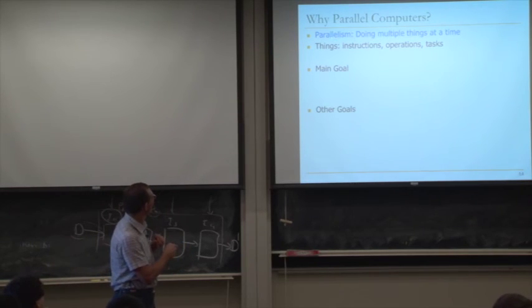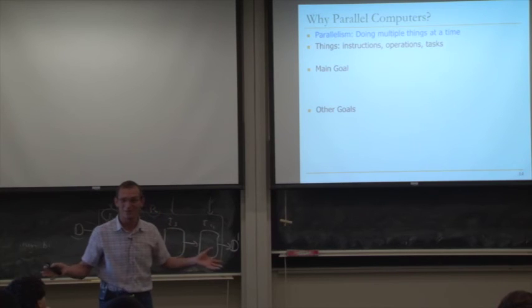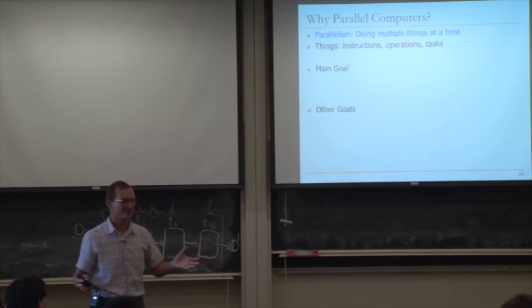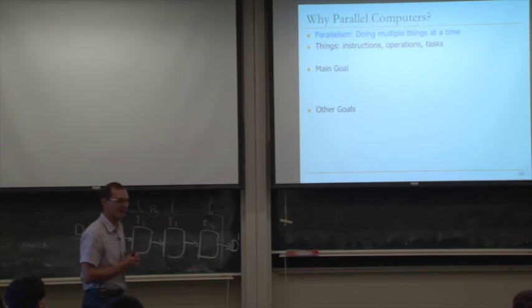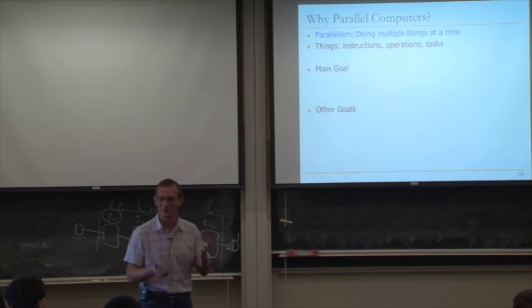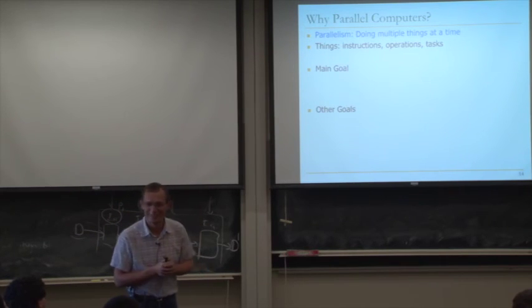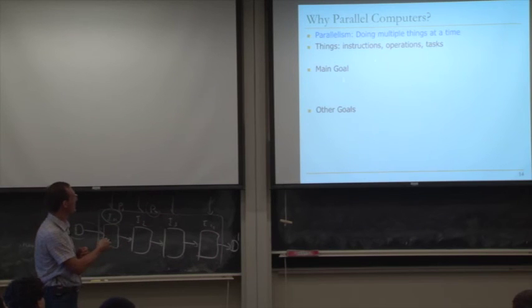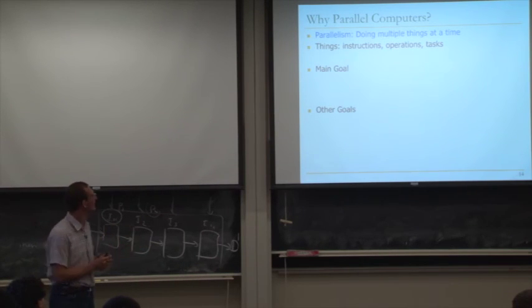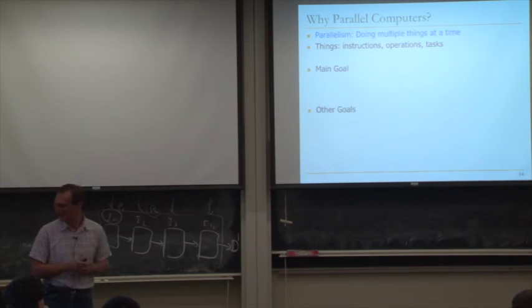Well, parallelism, at its most general definition, is doing multiple things at a time, right? Because you guys are parallel processing engines also. Hopefully you can do multiple things at a time at any given instant. Things could be instructions, operations, tasks, threads. What is the main goal of this?